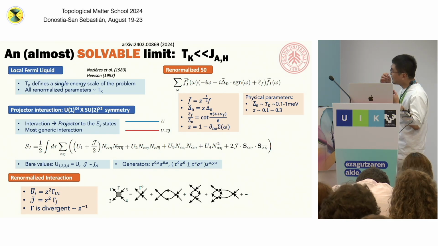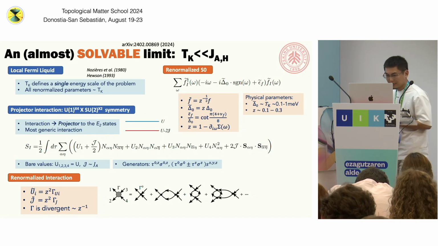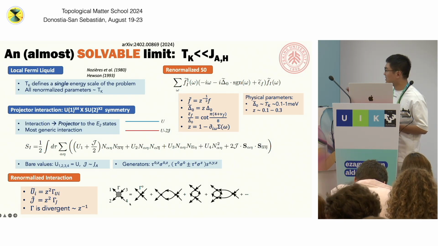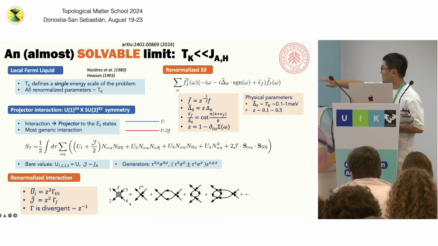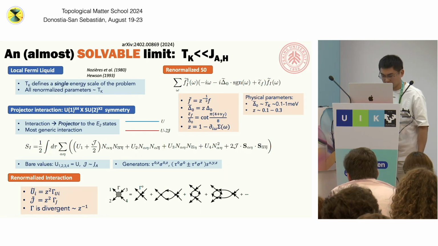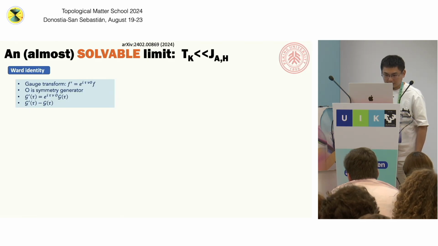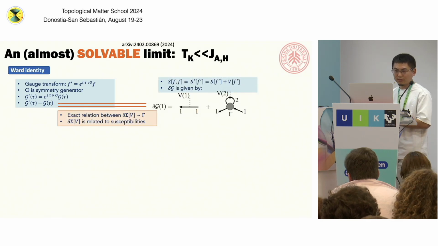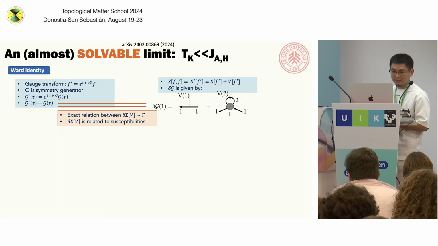So we must use some non-perturbative method. Basically, our job is to calculate this full vertex function. It contains all the possible Feynman diagrams, and no one knows how to compute this exactly, right? But fortunately, we can make use of the symmetry to determine the exact value of the renormalized interaction.